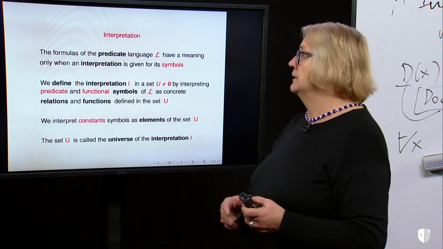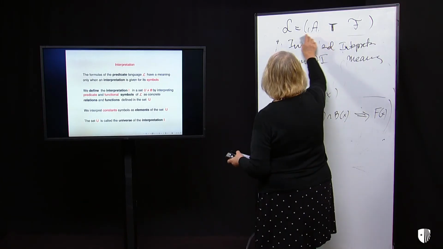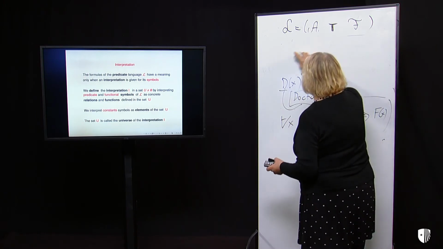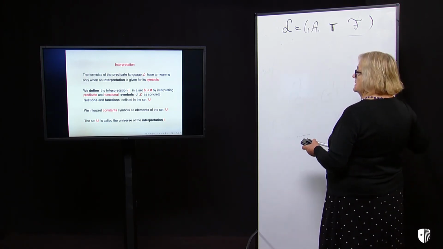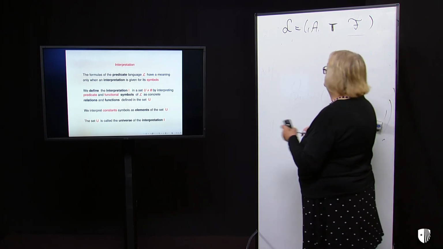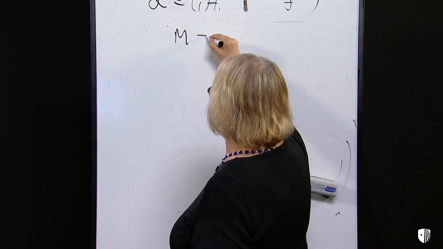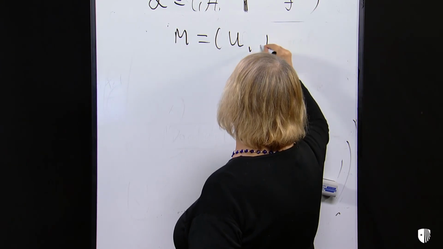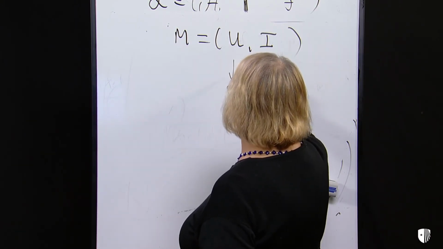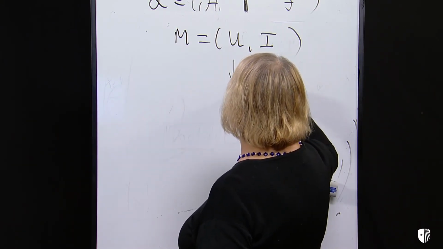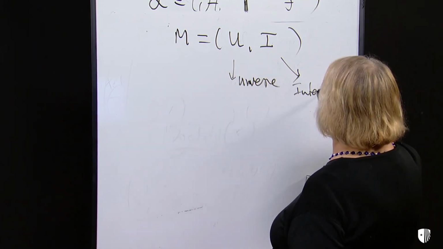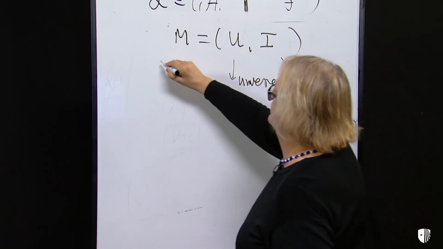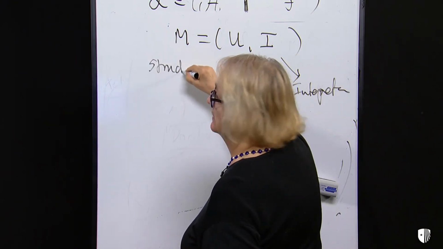So the predicate tautologies or semantics are defined in terms of structure, universe, and interpretation. You need a universe and you need an interpretation, and this is called a structure.